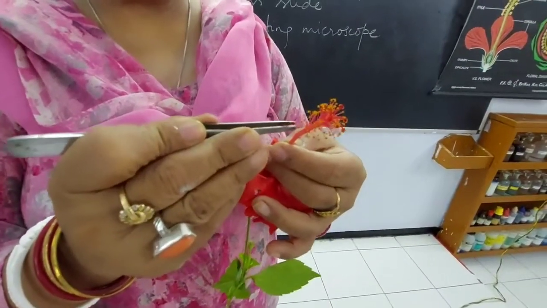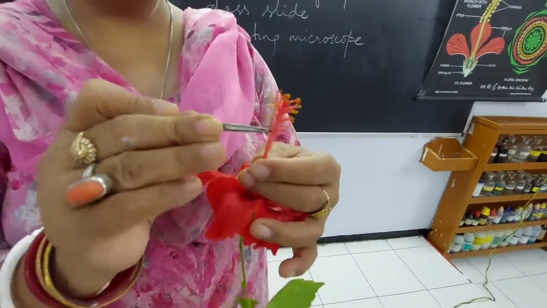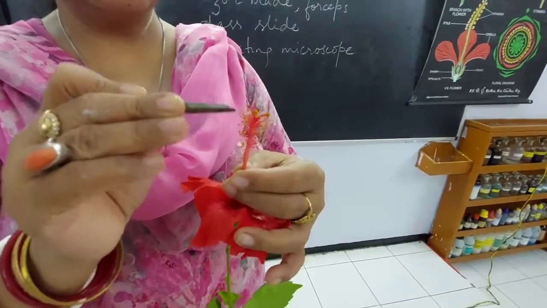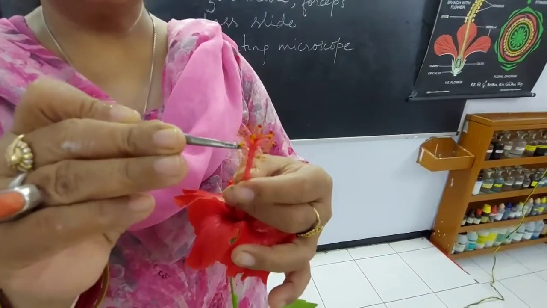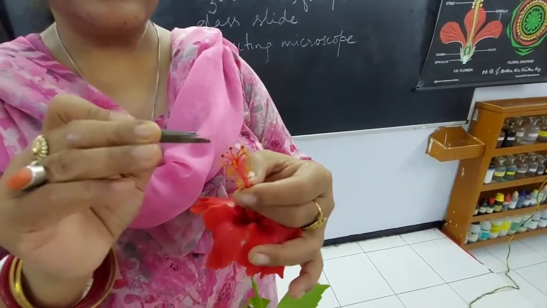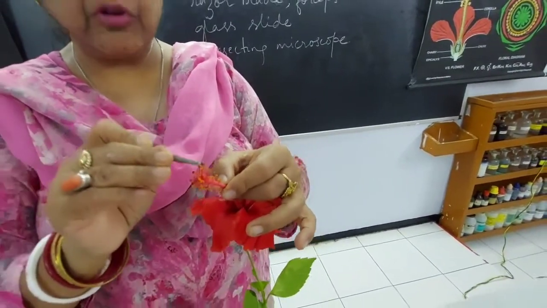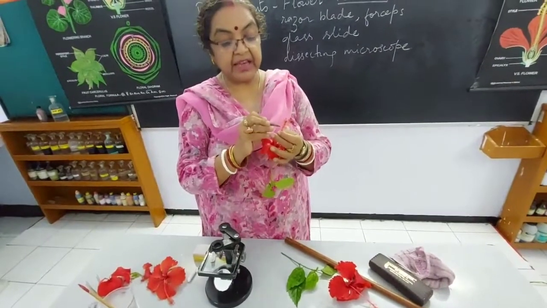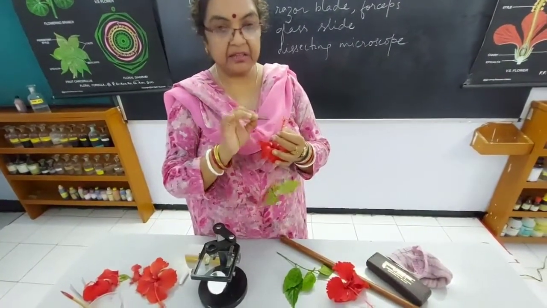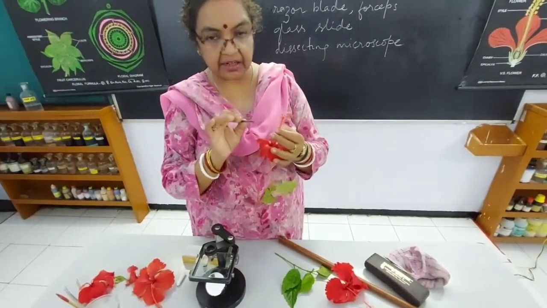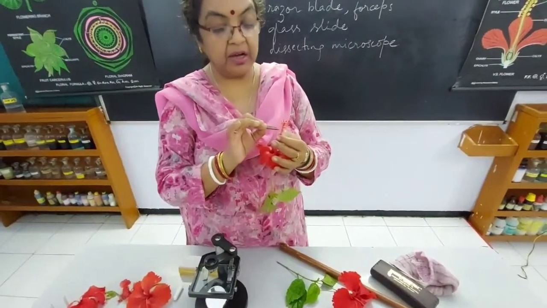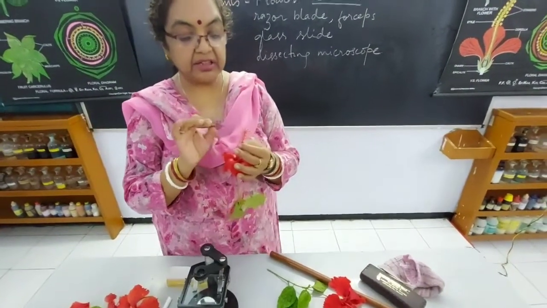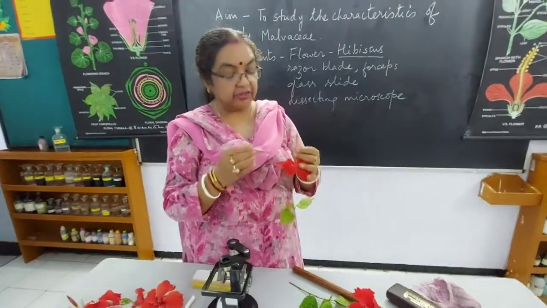Only the tips, the anthers, are free, and they bear yellow colored pollen. If you see more detail, you should keep some of them under the microscope and see. They have a typical shape, just like a kidney, so it is called reniform. Reniform anthers are there.